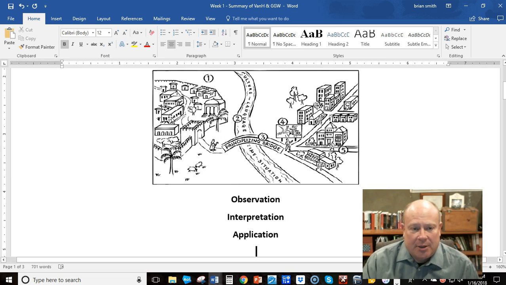Biblical interpretation is interpretation of the Bible. Cultural interpretation is interpretation of the culture that you live in, so you can then apply, you're doing application, apply the principles of the Bible to the culture.